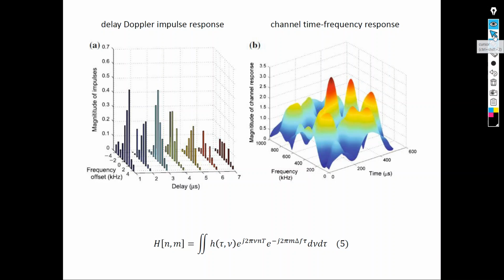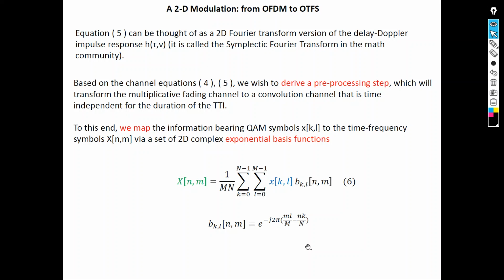Good. I believe some of you got the idea of how to obtain this in MATLAB. Equation 5 here can be thought of as a 2D Fourier transform version of the delay Doppler impulse response. It's called the symplectic Fourier transform. In MATLAB, think of it as the FFT2 function.